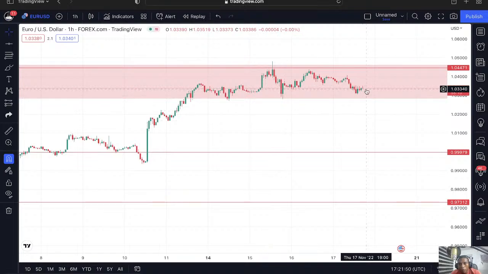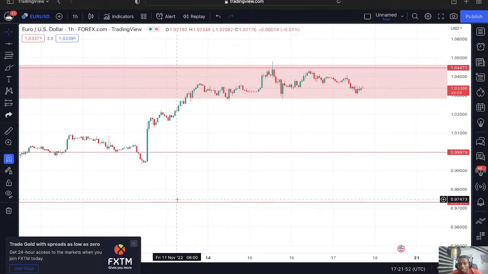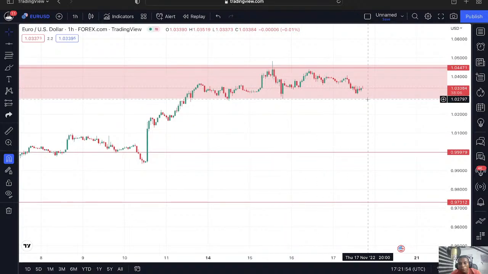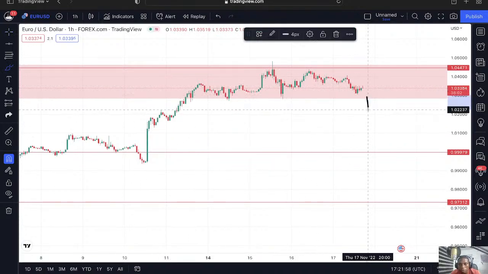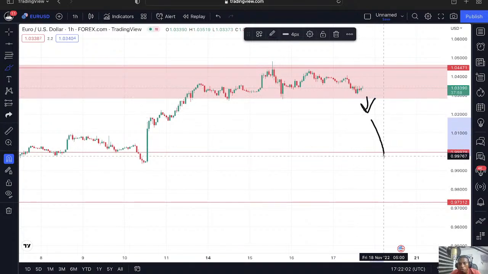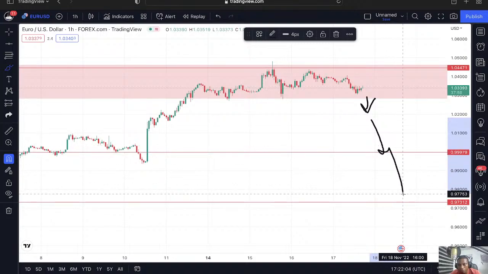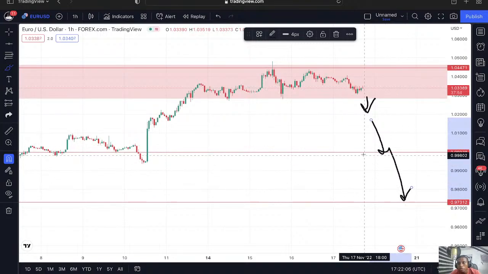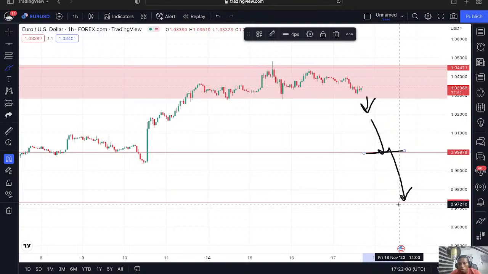So here now we can see that price is trying to find a way out. Once price falls out of this region, that is like a potential sell off, either to here or continuing to fall down to here.